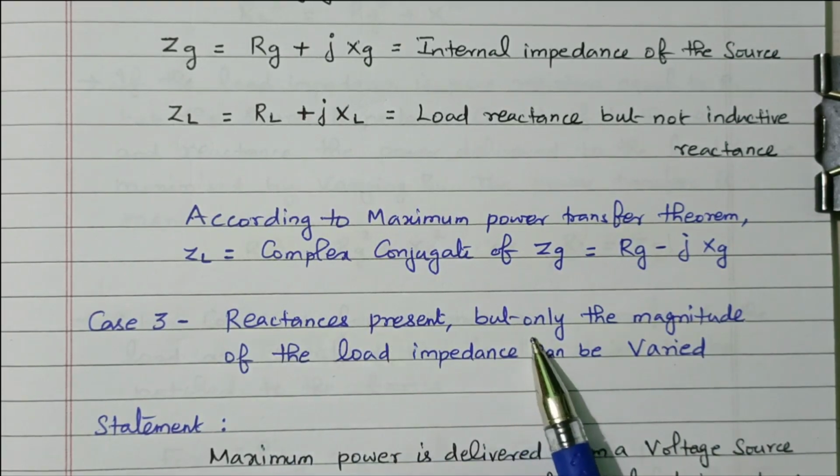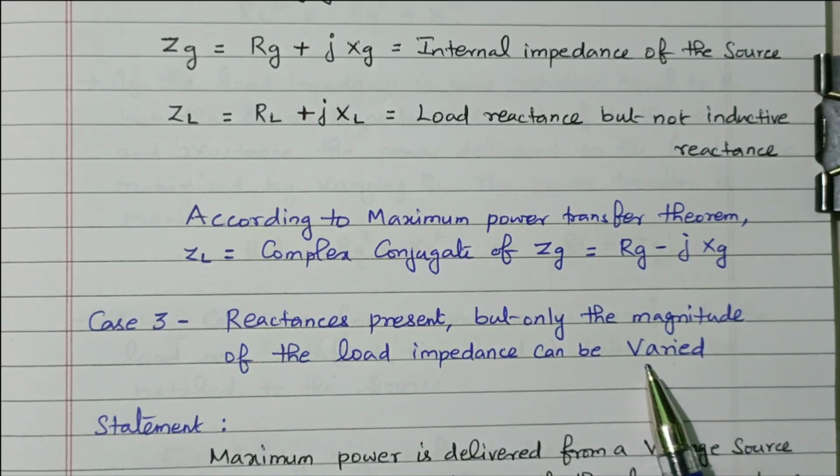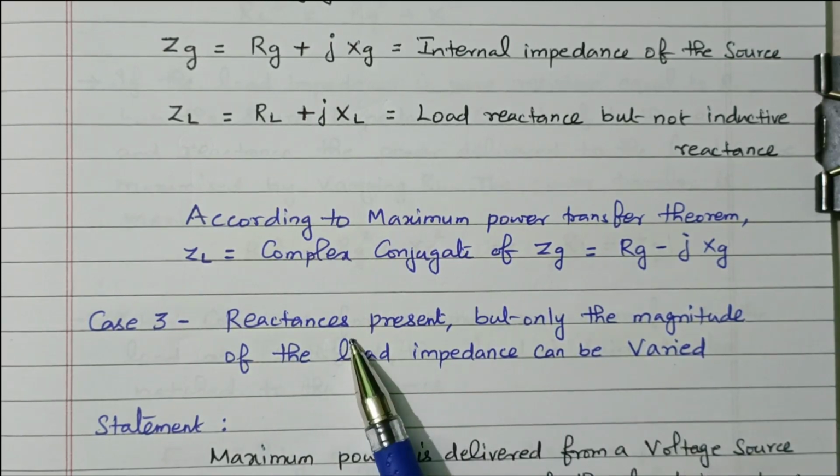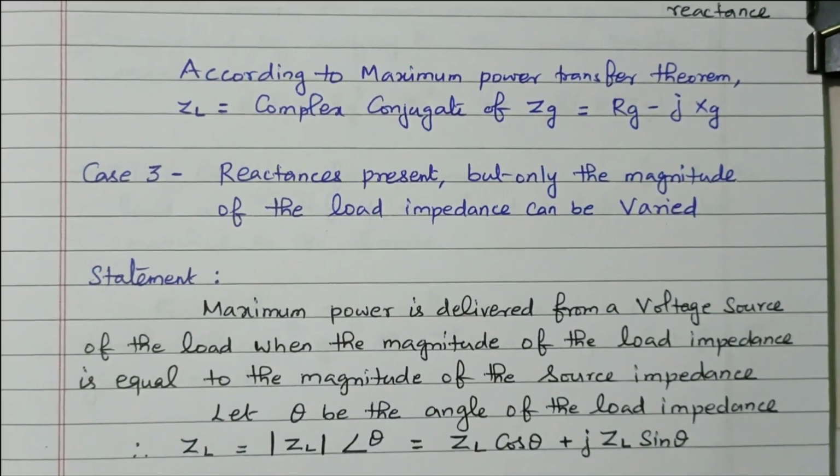Reactance is present, but only the magnitude of the load impedance can be varied, right? Only the magnitude is varied. Here also the reactance is present. Now we'll see the statement. What is the statement of this?